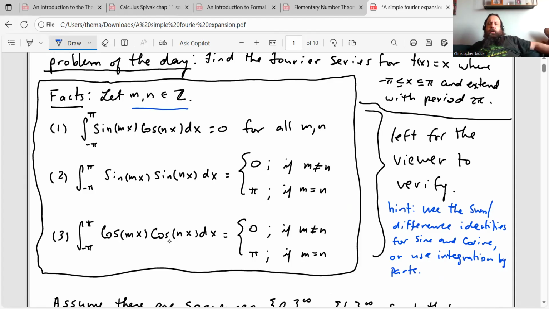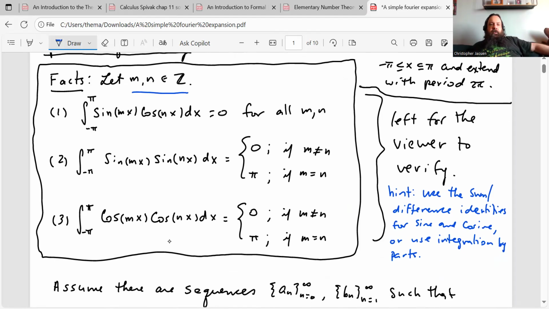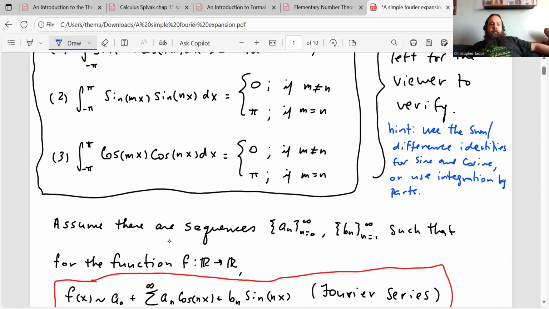The integration by parts here involves a little bit of a trick, but it's a standard trick that you learn in single variable calculus. So, like I said, I'll leave that to you guys to try if you want something fun to do, if you have a few minutes.